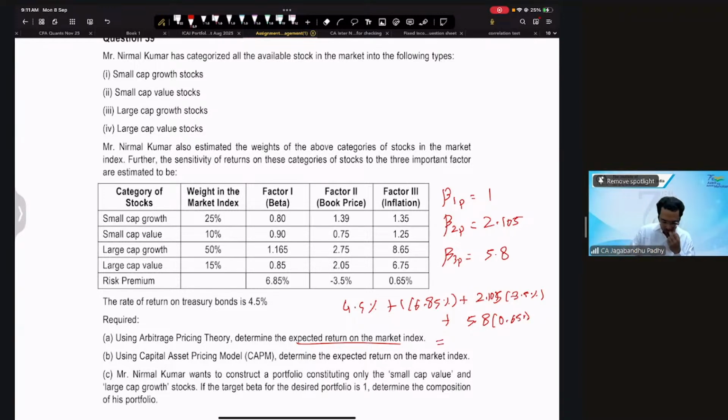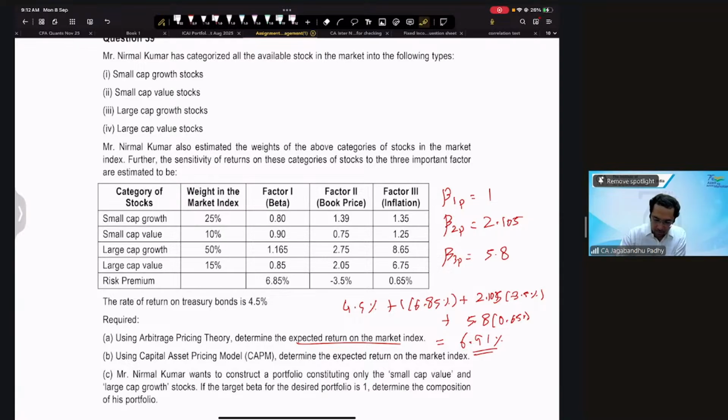Give me the total. What is this number, guys? It is 6.91.